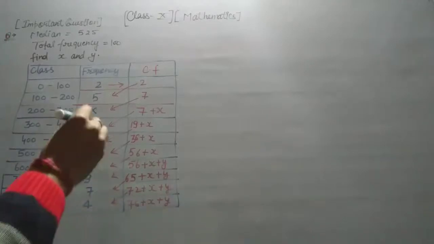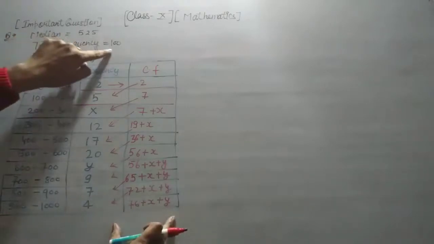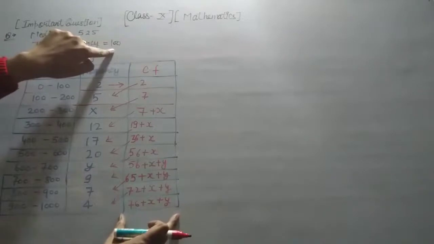Now you have the cumulative frequency column. With the help of it, you have to find one equation. How? This is the total frequency. In the previous video, when we explained the median, we asked about the total frequency. The total frequency is given in the question, so you write this equal to 100.